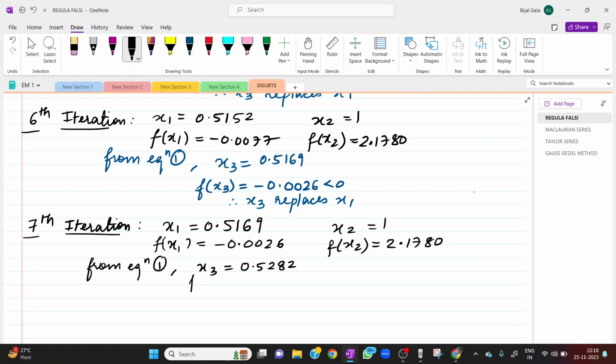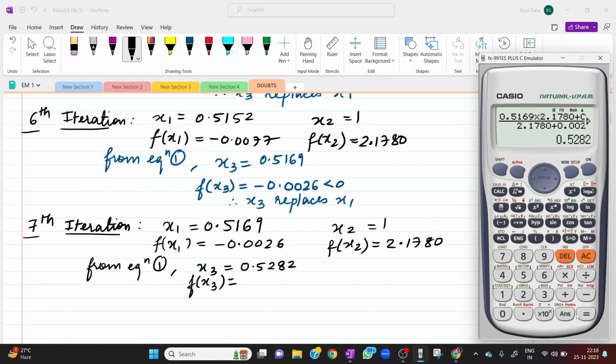Okay. f of x3. So that's going to be answer into e raised to the answer minus cos of the answer. So that gives me 0.0321. I think I'll check the previous calculation once again.